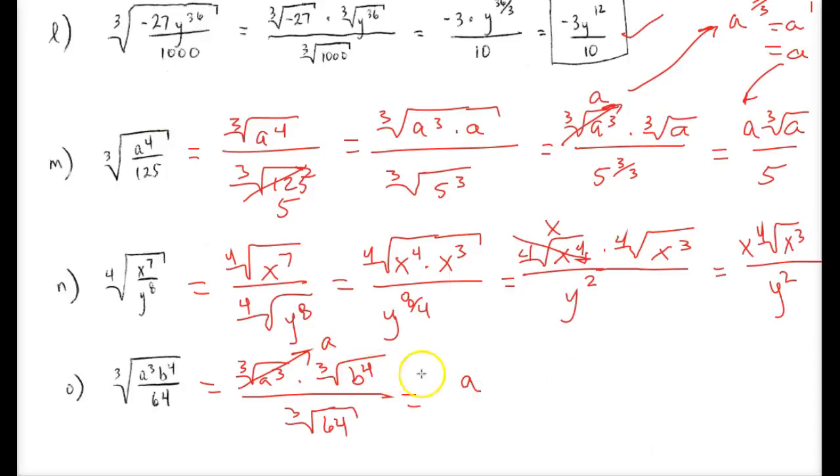For cube root of b raised to the 4, we have 3 b's in there, so we can pull one out, and we just have one left under there, so that is why we could just write that as b under here. And cube root of 64 is just 4, because 4 times 4 times 4 is 64. So rewriting everything, this would be our final answer.